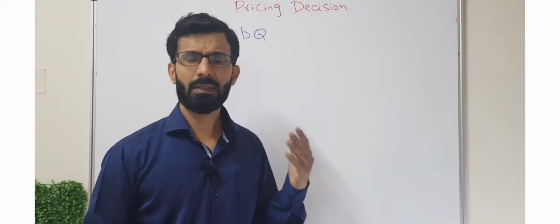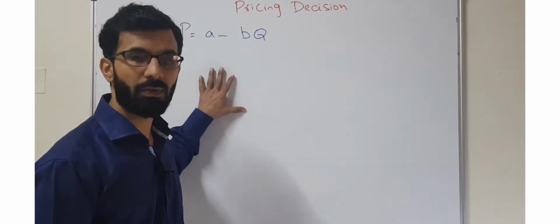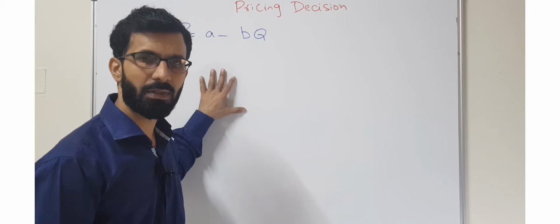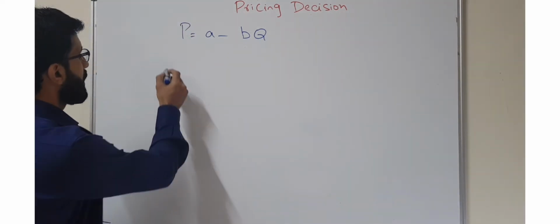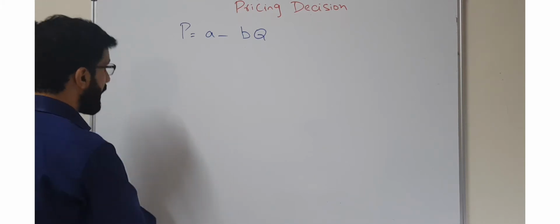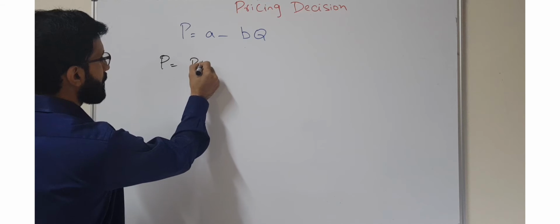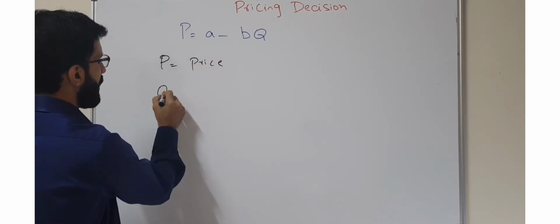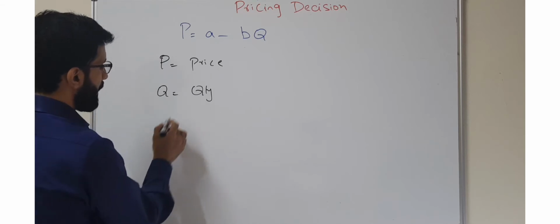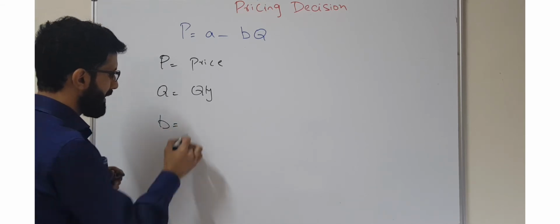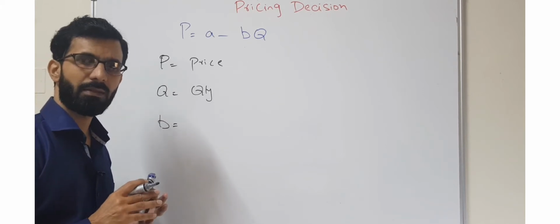So let's now discuss the demand function. This is the equation we have for the demand function, which helps us to establish the relationship between price and demand. In this one, what we can see is that we have P as selling price and Q as quantity demanded, and B basically helps us to understand the relationship between the changes in price and quantity.